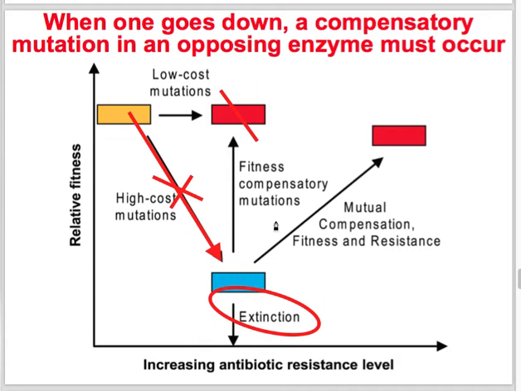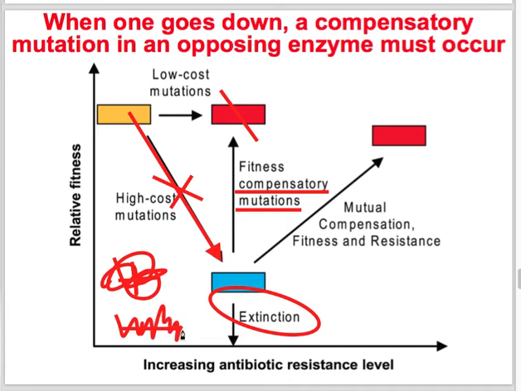These are called compensatory mutations. Basically, you're inhibiting a positive coiler, and so the bacteria that resist will eliminate the negative supercoiler that usually is going to work against the positive supercoiler.